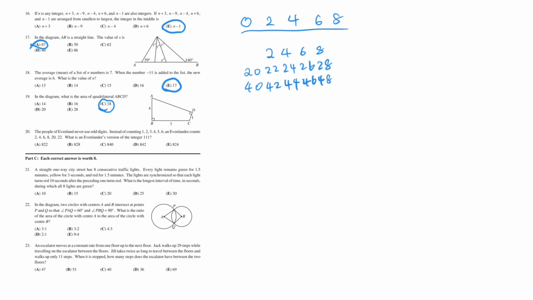That's not enough to find the pattern. Before 2 is 0, which is not counted as 1. So 1 is counted as 2, so we don't have this number.